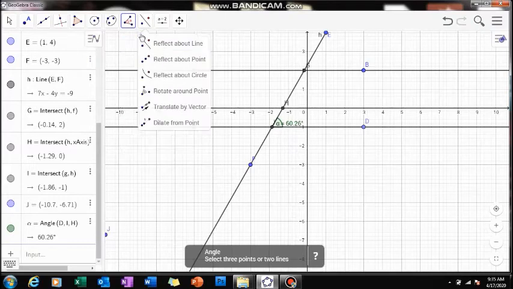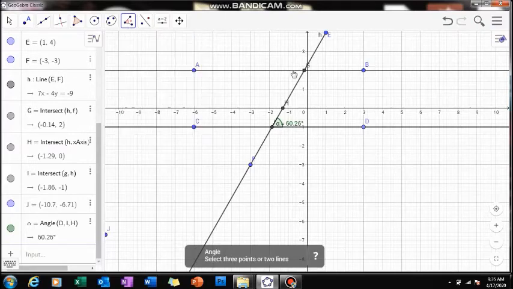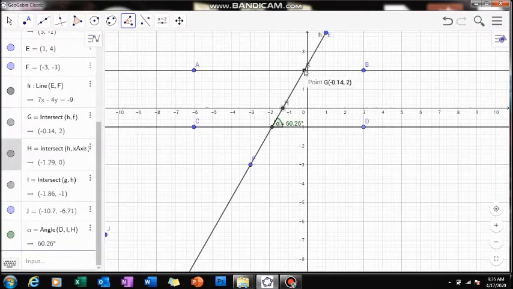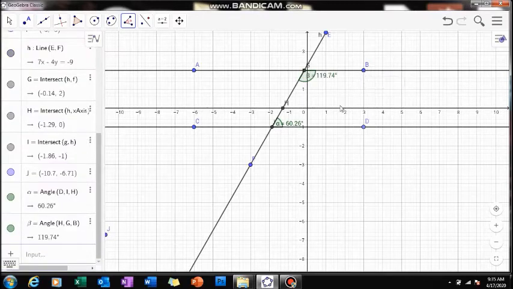Then the next angle, HGB, is equal to 119.74. So now if we sum alpha and beta, it will be equal to 180.